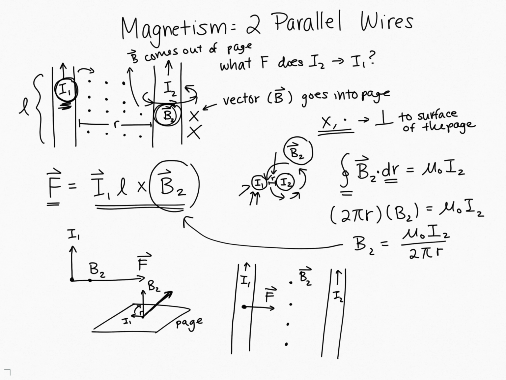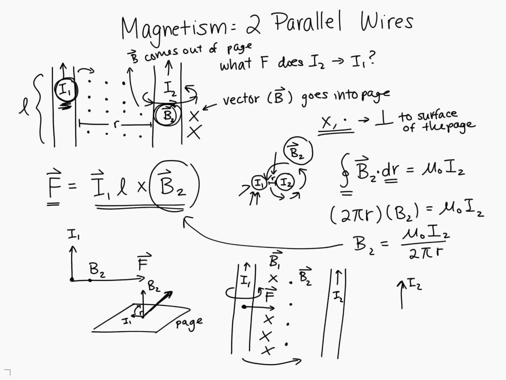That means it is being attracted to our second wire. If we do the same thing for I1, we have that B1 is going into the page.